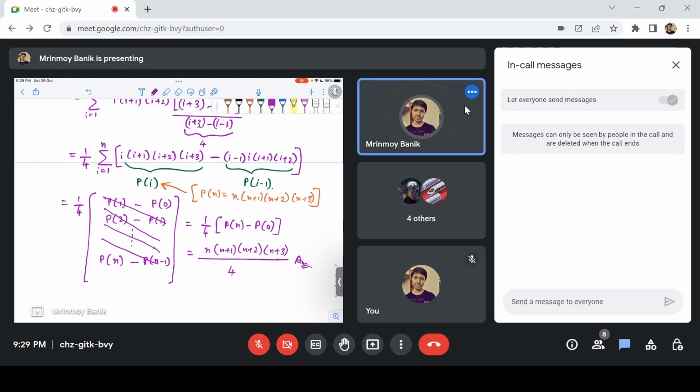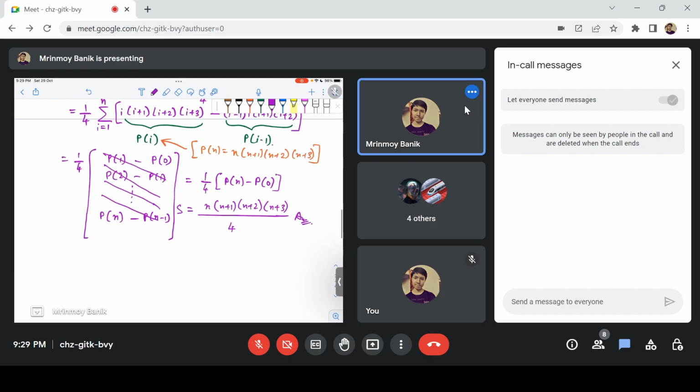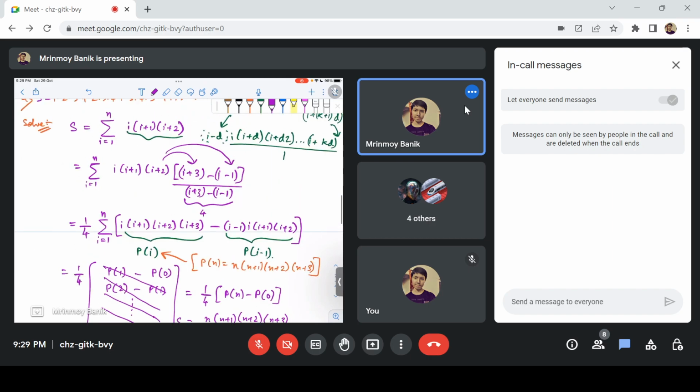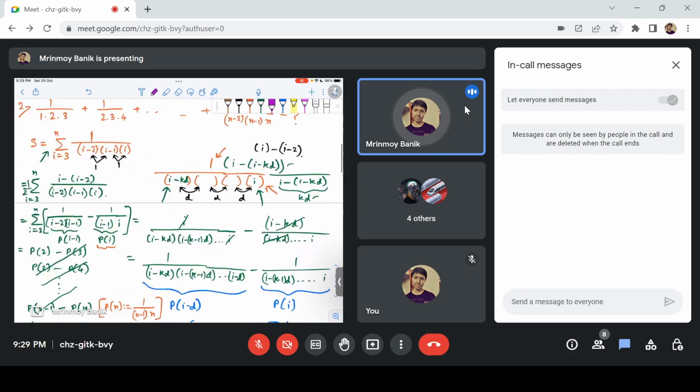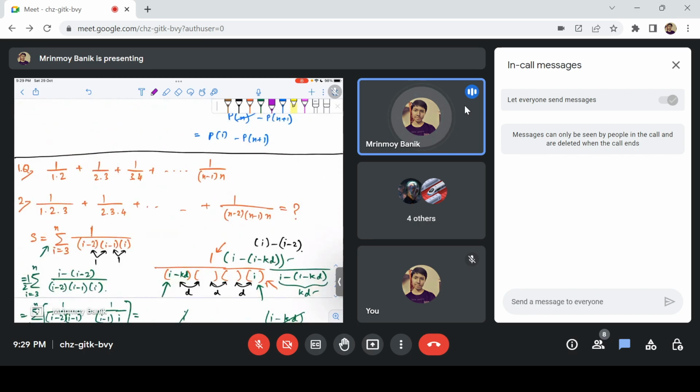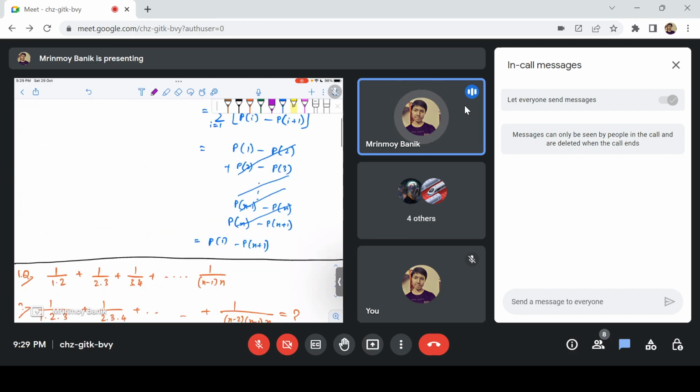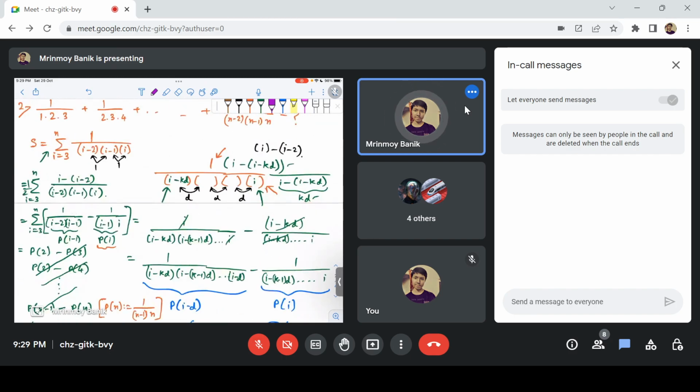So S is this. I hope this technique was clear. It's pretty easy to follow too. You just have to remember these two ways of taking the telescope.